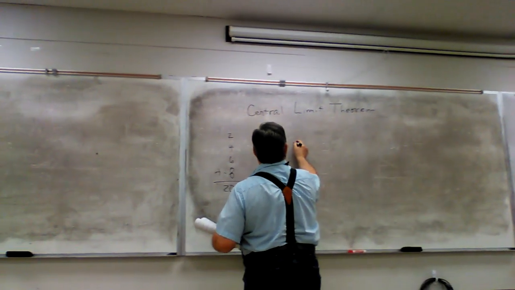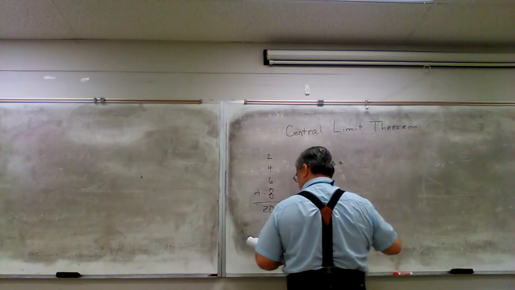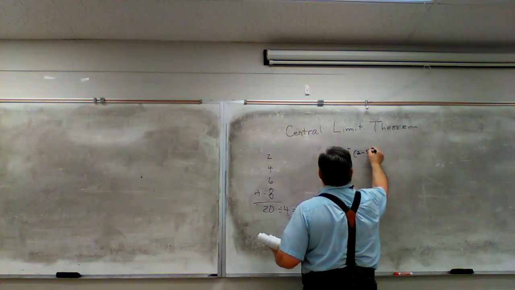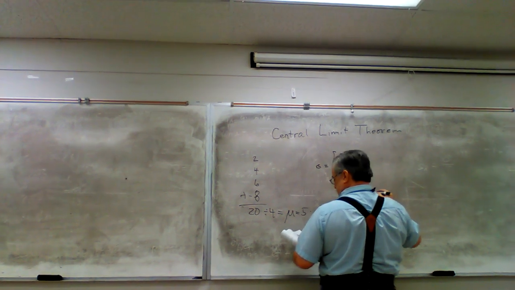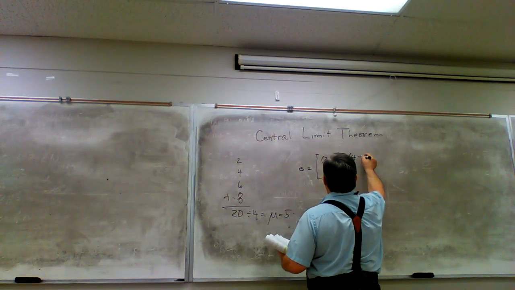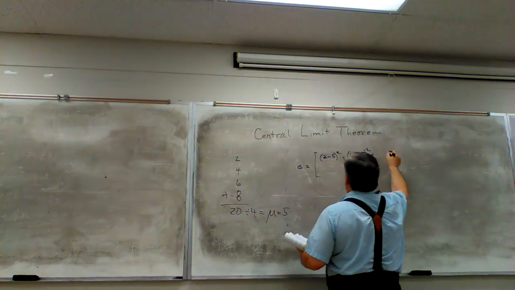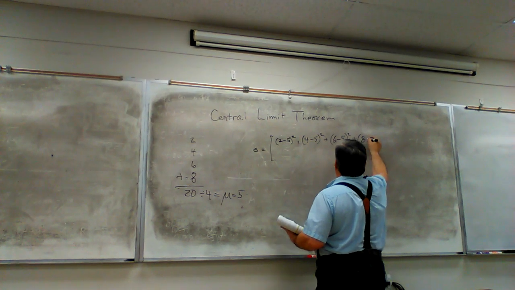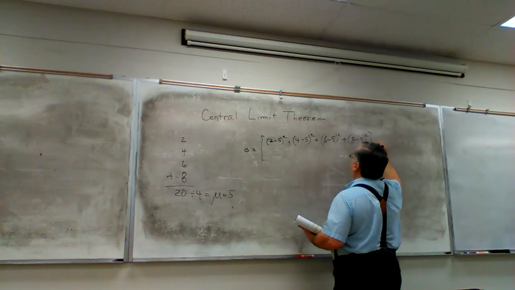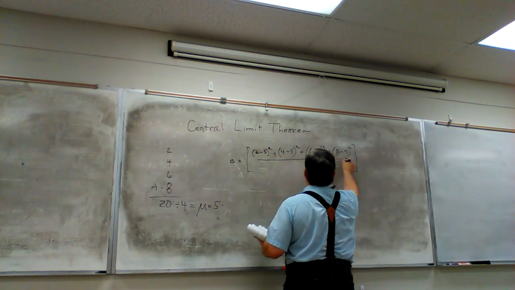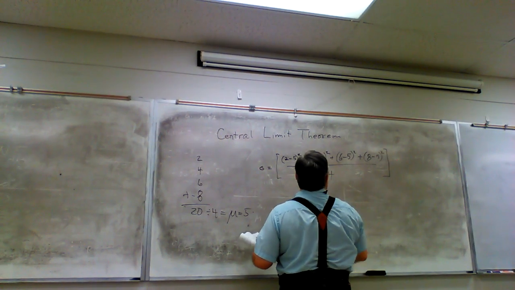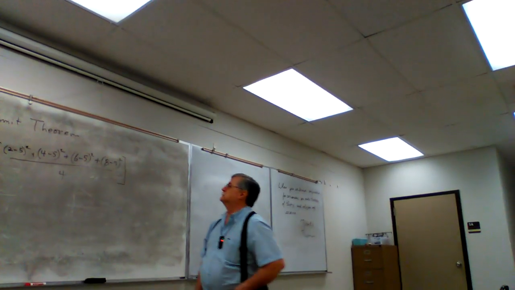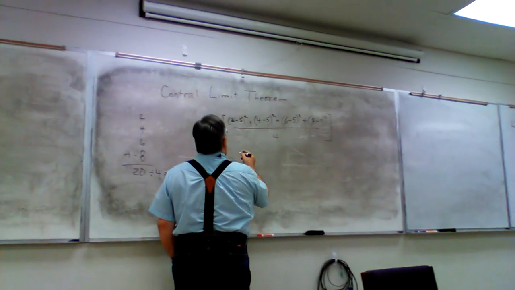The standard deviation of the population is the square root of (2 minus 5) squared plus (4 minus 5) squared plus (6 minus 5) squared plus (8 minus 5) squared, all divided by 4. 2 minus 5 is -3, squared is 9.